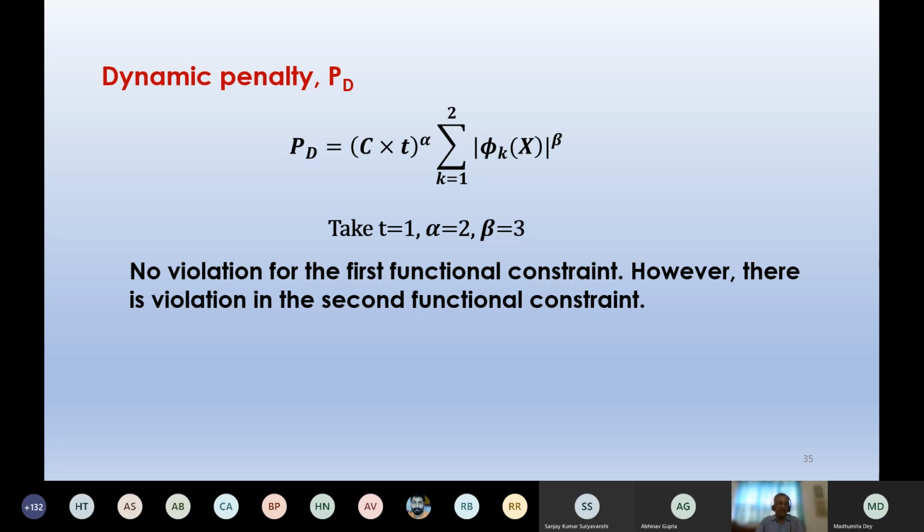Now, let me repeat, for the same very complicated problem, there is a possibility your dynamic penalty could be the best. My experience says dynamic penalty could be the best. I discussed all three available techniques in the literature. Am I clear?